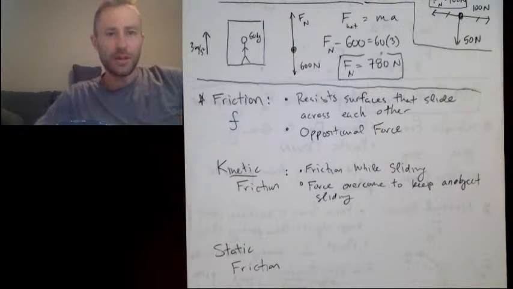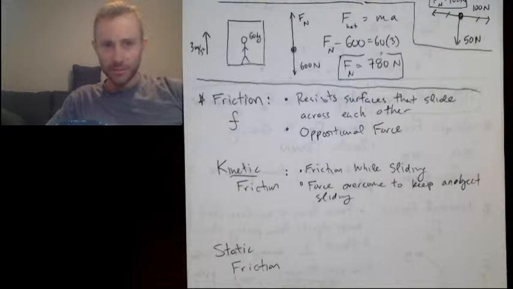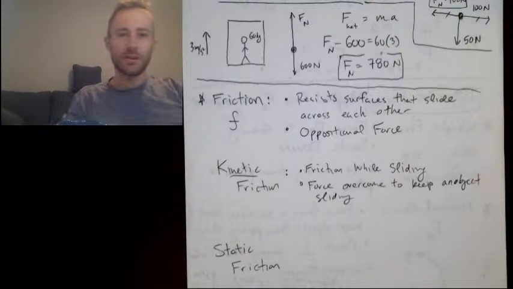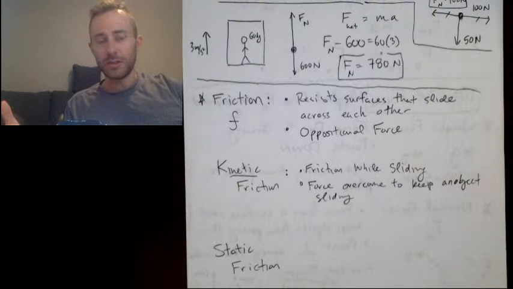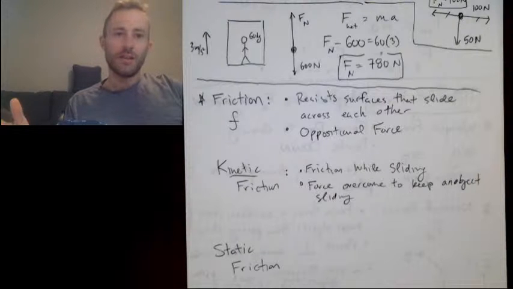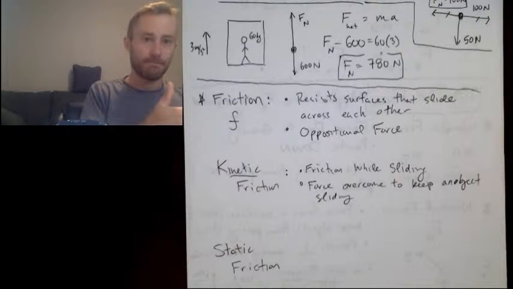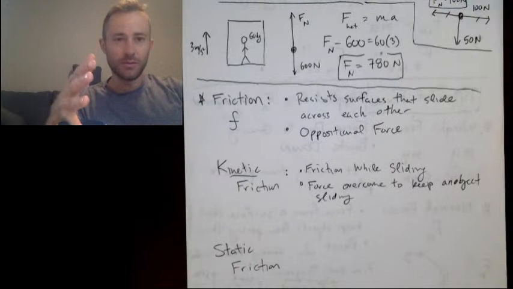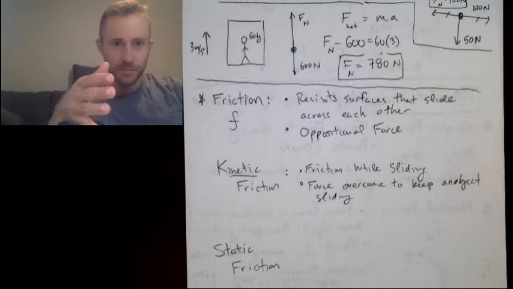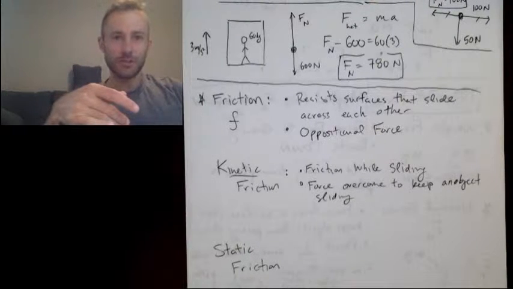For example, if kinetic friction was 10 newtons and you applied 10 newtons, then the object is going to keep sliding at a constant speed. If you applied 11 newtons and kinetic friction is 10 newtons, then you're applying more than enough to keep it sliding, so it's actually going to accelerate. If it's sliding and kinetic friction is 10 newtons and you apply 9 newtons, you are not applying enough force to overcome friction, so the object is going to slow to a stop.